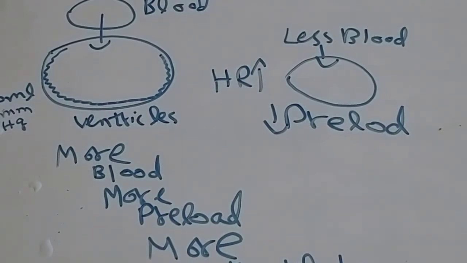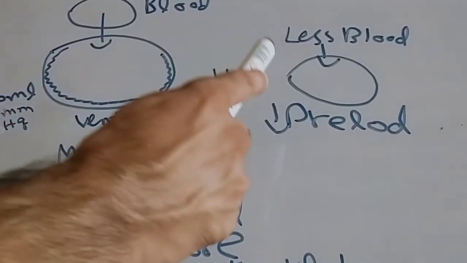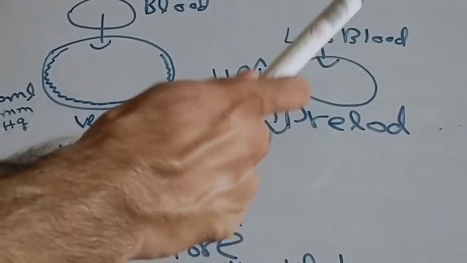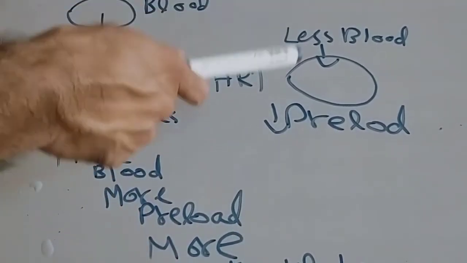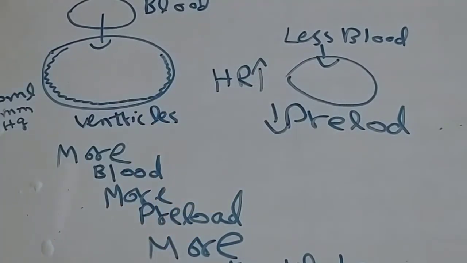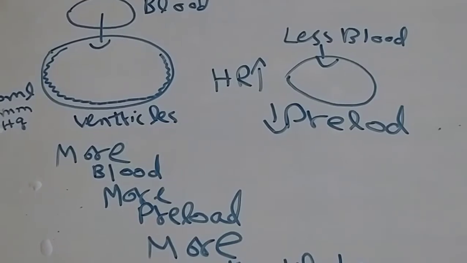Now discussing another scenario: if the heartbeat is low, there would be more time available for the ventricles to relax, more blood would be drawn into the ventricles, and there would be more preload. So that is the information about the preload.